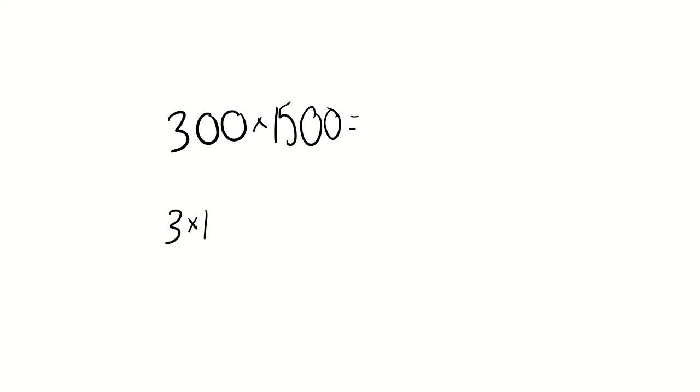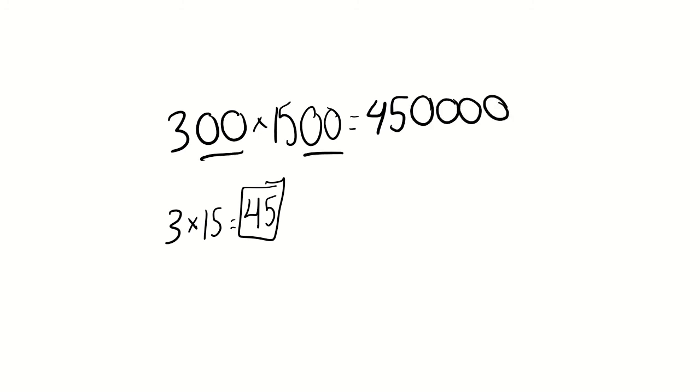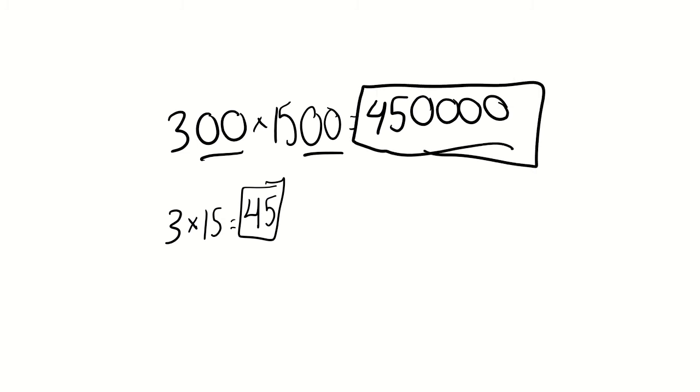When we do that, we get 3 times 15. What's the answer to that? Step number 2, 45. Boom. So we write 45 over here, and step number 3, put all the zeros back. So we took away 4 zeros, we give back 4 zeros. It's as simple as that.